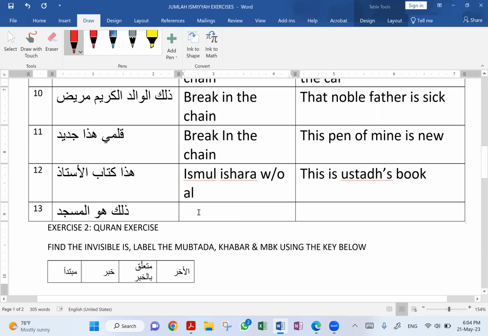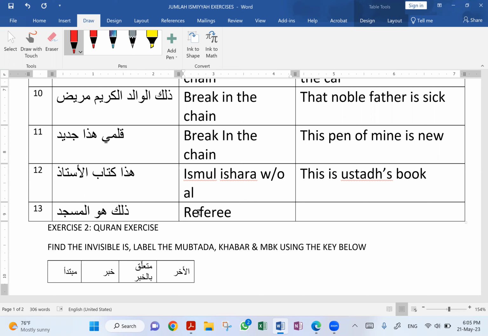The meaning doesn't change. The meaning is the same whether you put it in a bracket or you remove the bracket. So this one, how do we do this? We can just say this is a referee pronoun. A referee pronoun is called damir al-fasl.